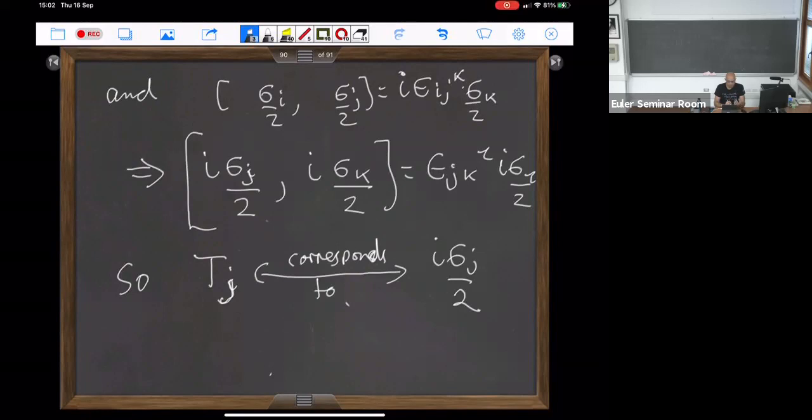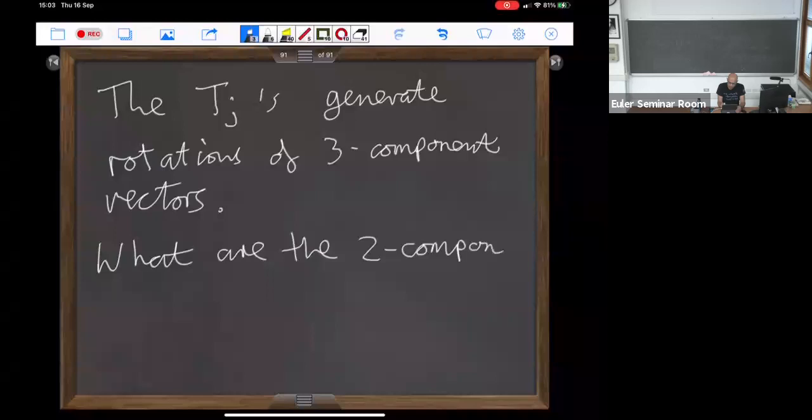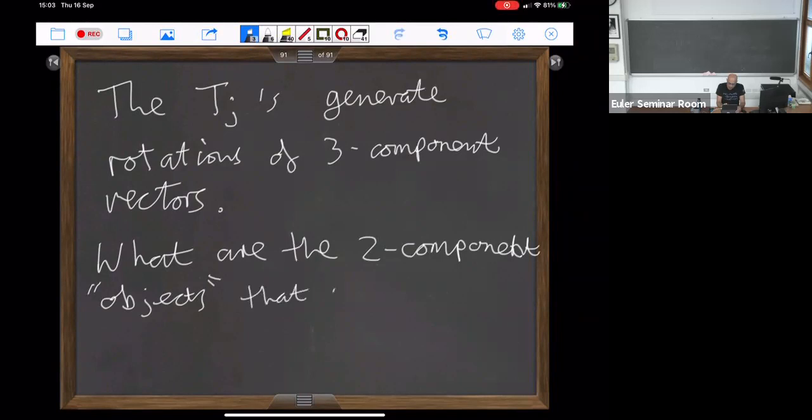Since the three-dimensional representation acts on, for example, the coordinates of space, or three-component vectors in space, what are the objects that the two-dimensional representation acts on? What are the two-component objects? They're just two-component vectors, but what is their interpretation?